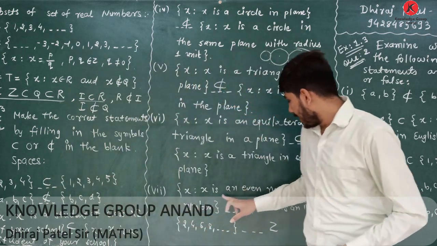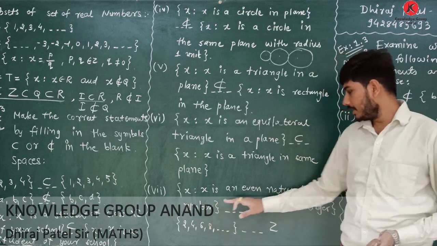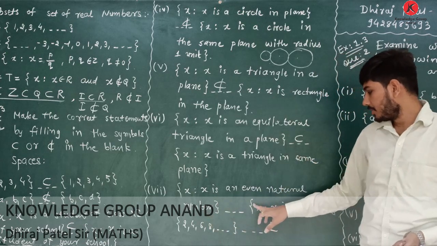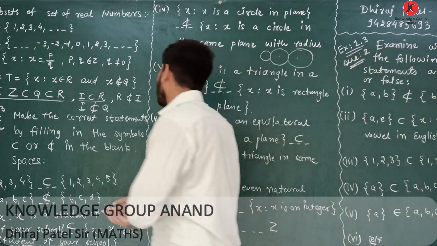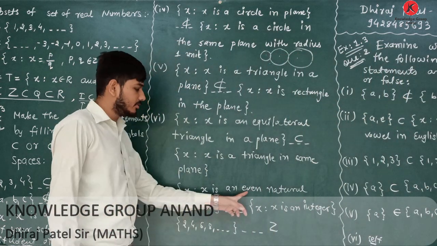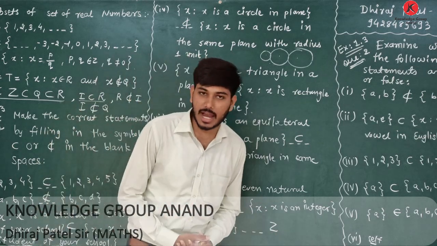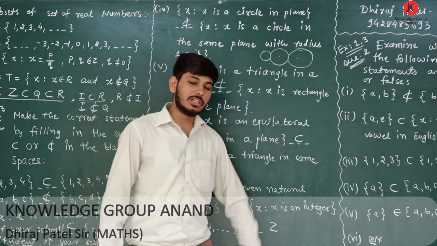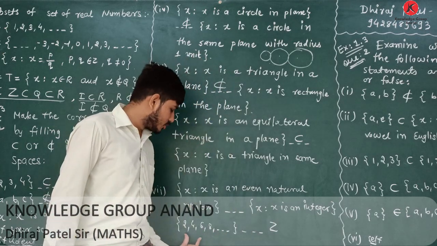The set of all triangles in the plane contains all the equilateral triangles. Therefore, all the equilateral triangles in a plane are in the set of triangles in the same plane. Therefore, we can say that it is a subset.